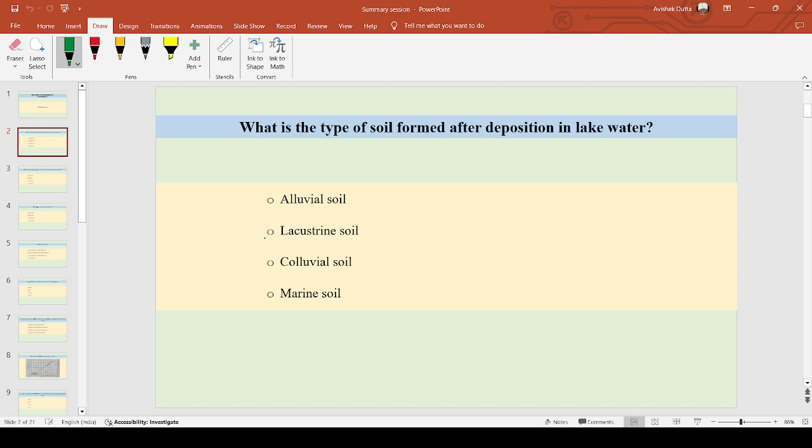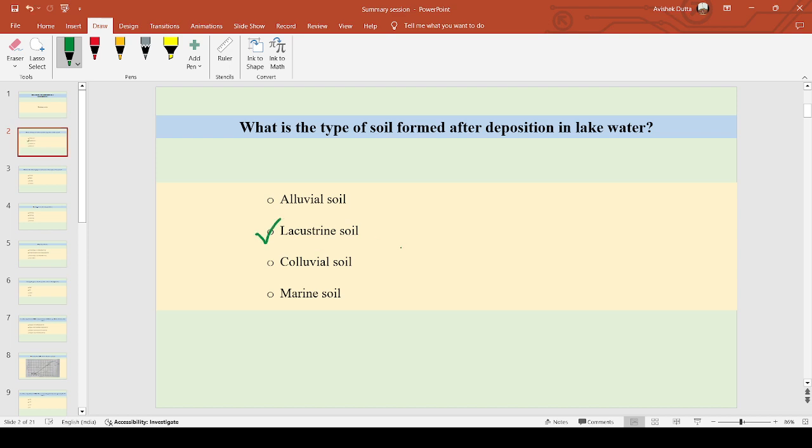We know that alluvial soil is formed after deposition from the river water. The sediments from the river water, when they deposit in the deltaic regions, form alluvial soil. Lacustrine soil is the correct answer over here because it is formed after deposition in the lake water.